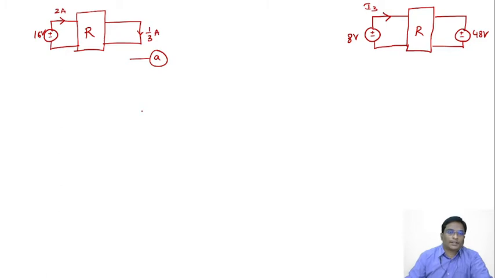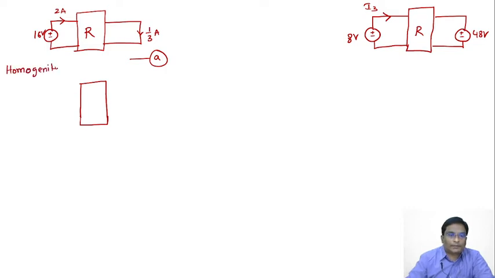So here, let us try to get the data for 8 volts at the input side, and then the data for 48 volts at the input side. Since the network is a linear, bilateral network, it will obey the superposition principle. Use the data here. Let us get the data for 8 volts at the input side. This is 16 volts. For the same network, let us apply homogeneity by 1 by 2.